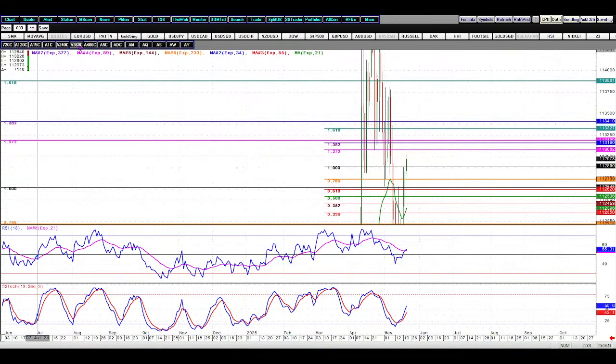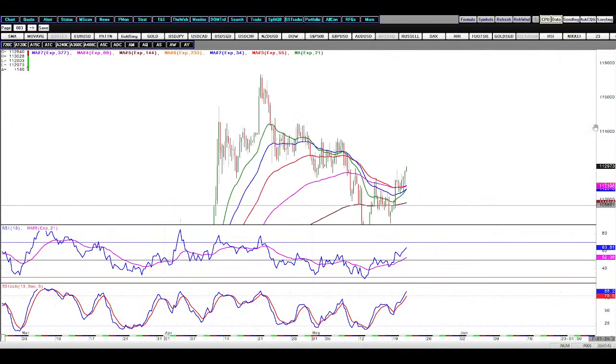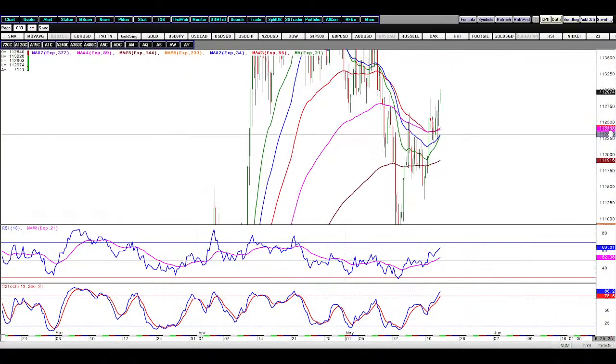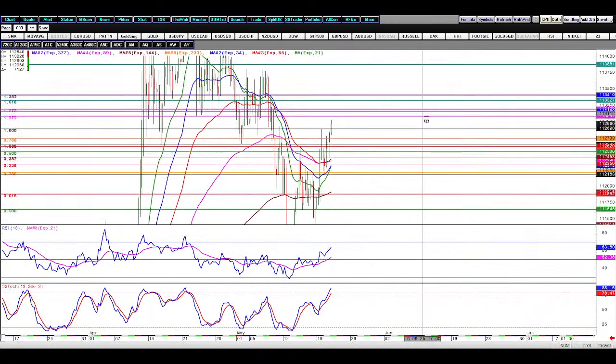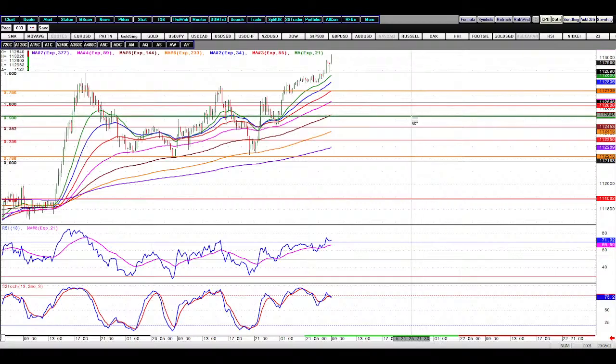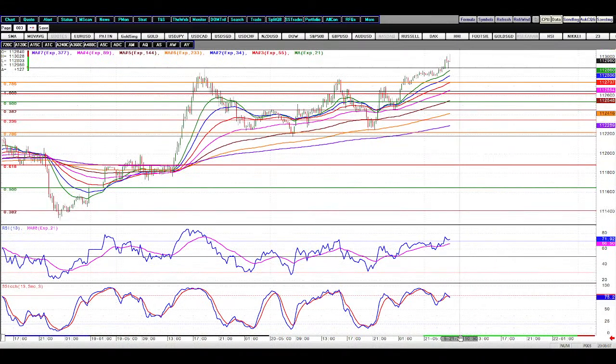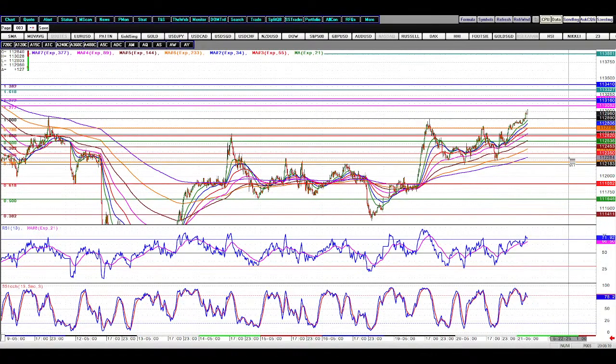As far as this hourly is concerned, we need to see where is the connecting point and where is the final point. So we should be seeing the price turning at 11320, 11340, or 11380. These are the final targets of the price, and we should see the price turning down.